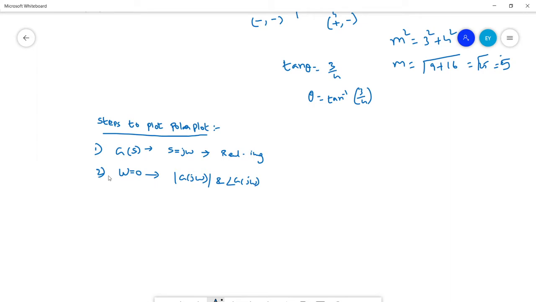At omega equal to 0, you need to compute the magnitude and phase by using the transfer function here, right? Then the next point is you need to compute the same thing at omega equal to infinity. The same thing should be computed, magnitude and phase. Once you get the magnitude and phase, the next step is to separate the real and imaginary parts.